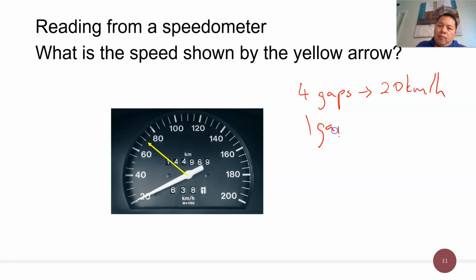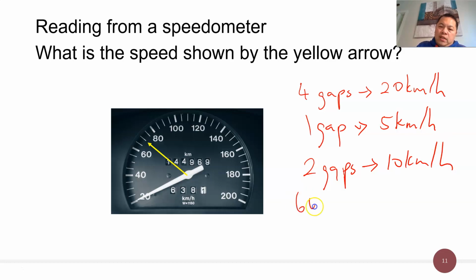So one gap is actually 5 kilometers per hour. From 60 to this part, there are 2 gaps. So 2 gaps would mean 10 kilometers per hour. So 60 plus 10 is actually 70 kilometers per hour. That's how you go about interpreting a scale like this.